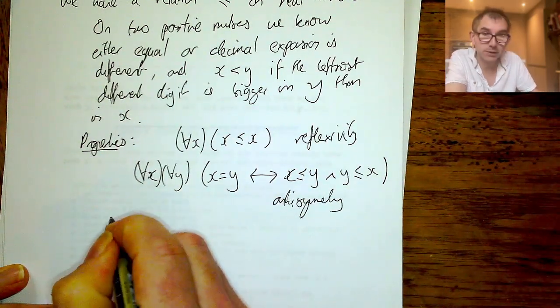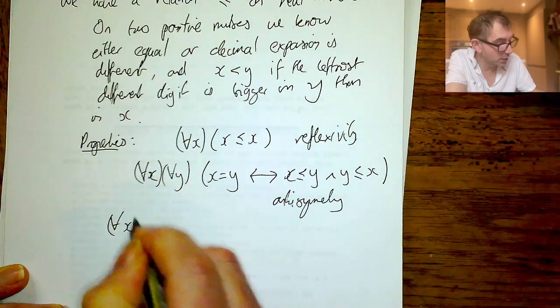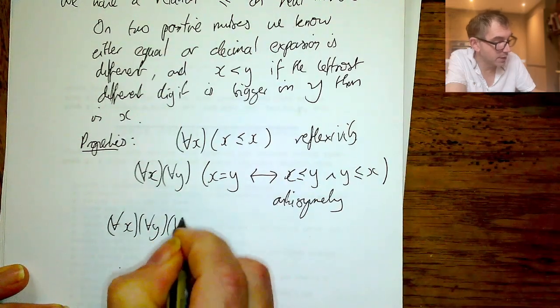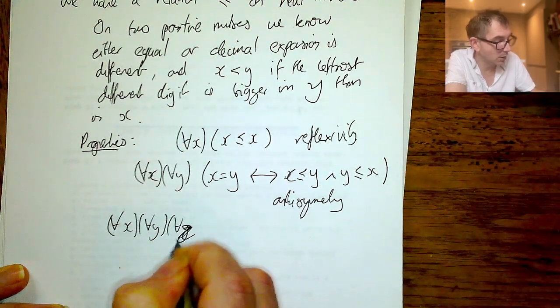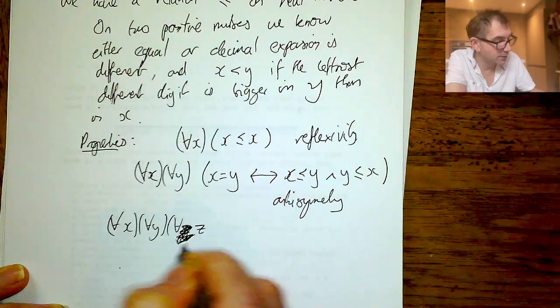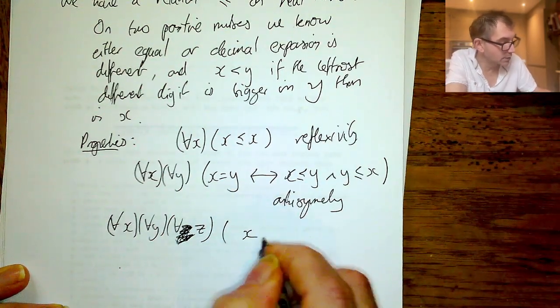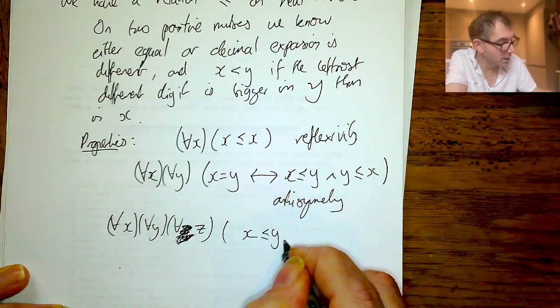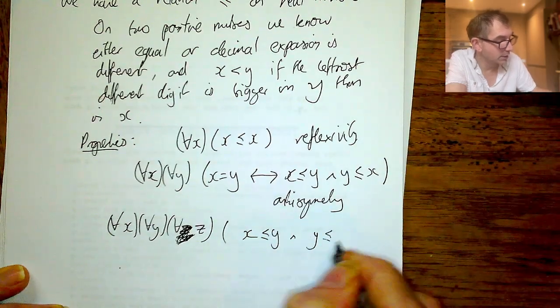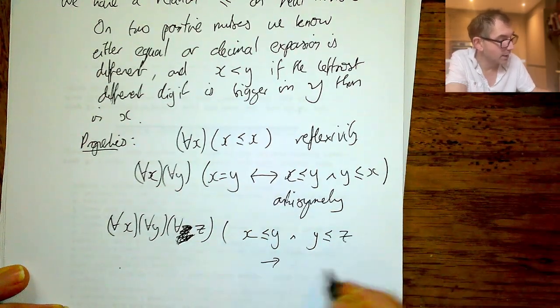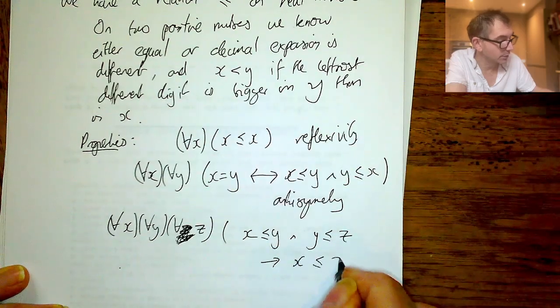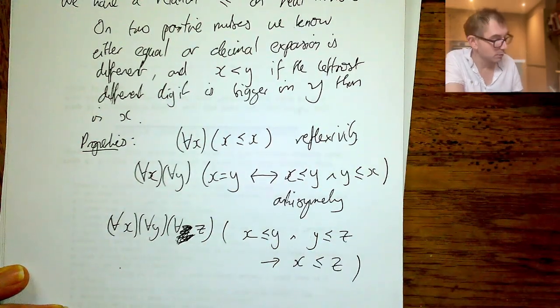A very important condition here is transitivity. If I take three numbers, x, y, and z, then x less than or equal to y and y less than or equal to z implies x less than or equal to z. That's called transitivity.